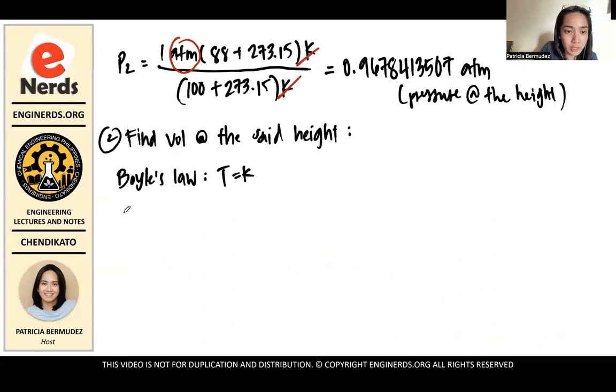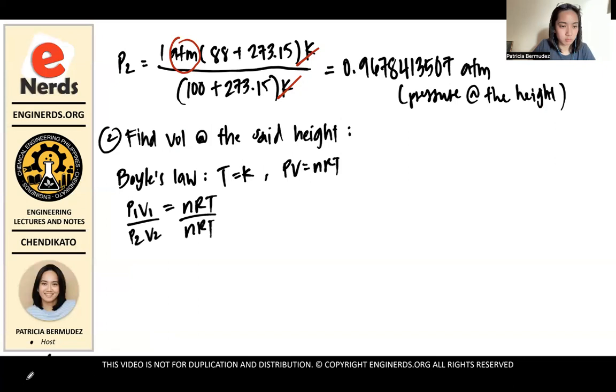Dahil constant yung temperature, again, using PV equals nRT, we have P1 V1, kasi yung P and V nagbabago, and then is equals to nRT, yung T is constant, and then you divide it by the final condition, which is P2 V2 is equals to nRT, and since constant yung temp, constant yung nR, cancel to, and therefore this is just equal to 1.